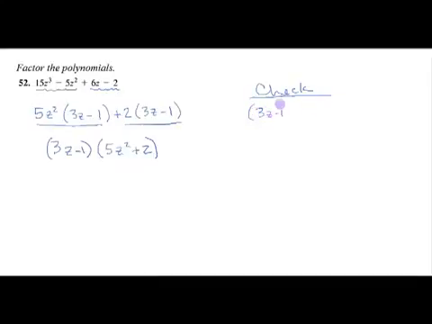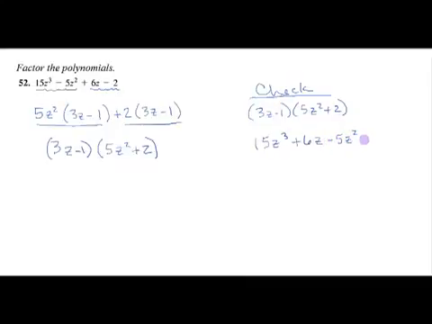3z minus 1 times 5z squared plus 2. I have a 3z times 5z squared is 15z cubed. 3z times 2 is a plus 6z. Negative 1 times 5z squared is a minus 5z squared.